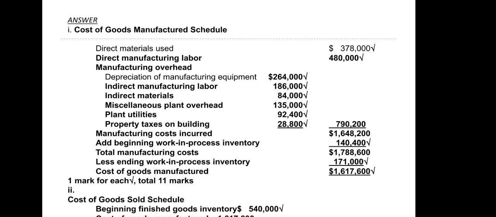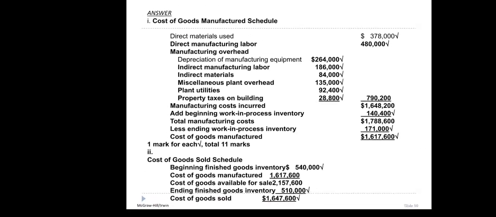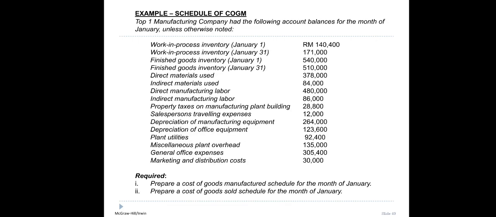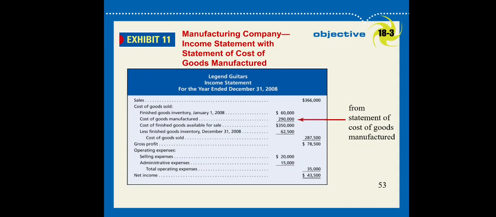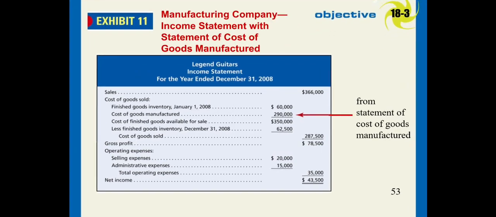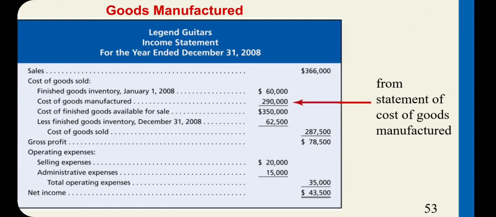In this example, the number is 1,617,600. So when you want to prepare an income statement for a manufacturing business, you have to prepare the cost of goods manufactured schedule first, or the statement of cost of goods manufactured first. You get the number and then you can prepare the income statement.